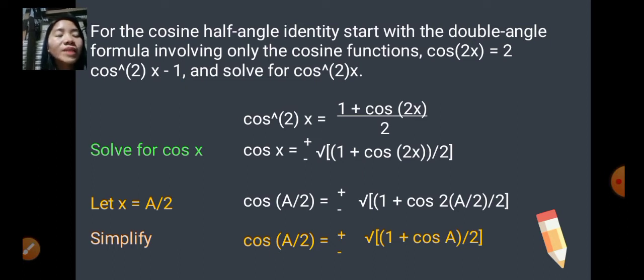So substitute the value of x and simplify. So we have cos a over 2 is equal to positive and negative square root of (1 plus cos a) over 2, because the 2 is cancelled.